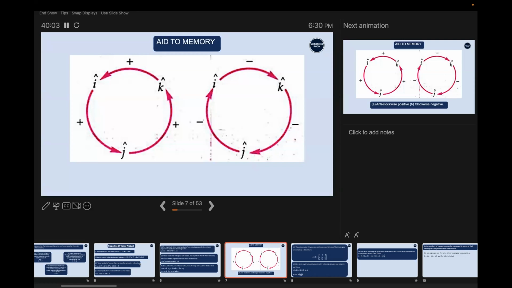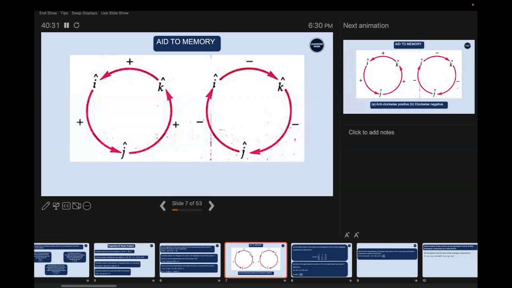With the same i, j, k written anti-clockwise, if instead of going from i to j you go from i to k, you're going in the clockwise direction. And k cross j, clockwise. And j cross i, clockwise. The logic is: for whichever you did the cross product, forget those two, and whatever is left out will be the answer.